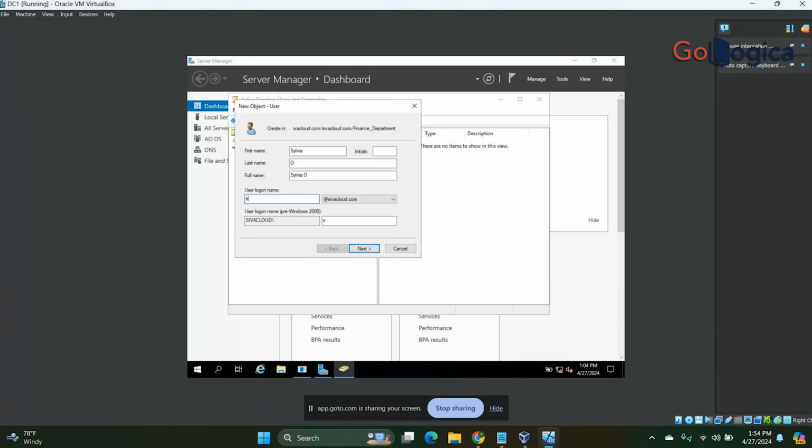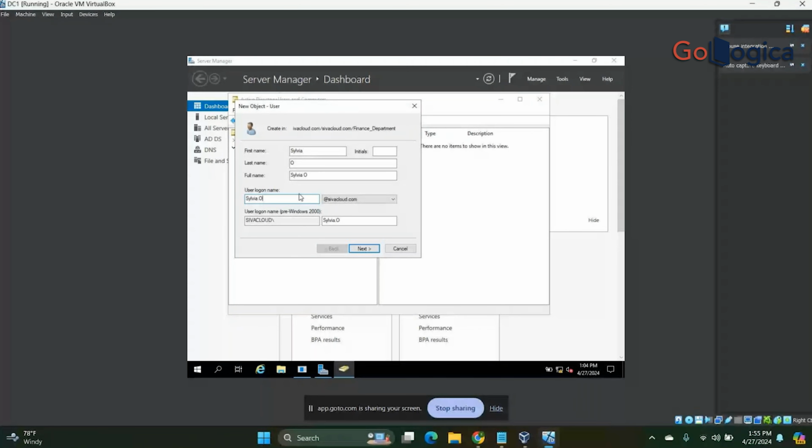Can you tell us again what was the step I lost in between for this user? How to create a user? You can go to the department and right click over there and go to New, and under New, previously you were choosing organizational unit, now you are choosing User.